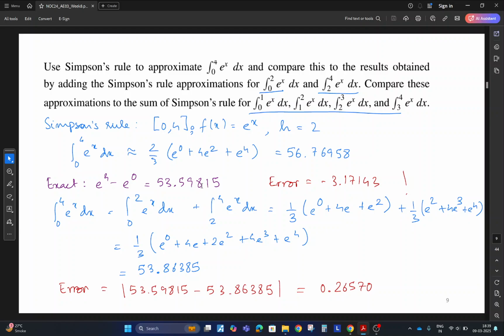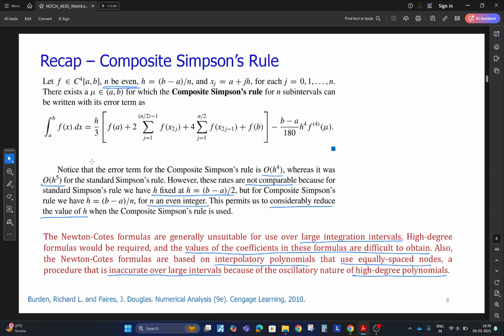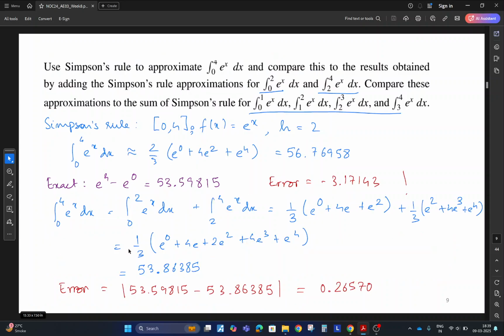We also compared these approximations to the sum of the Simpson's rule for 0 to 1 e power x dx, 1 to 2 e power x dx, 2 to 3 e power x dx, and 3 to 4 e power x dx. The reason behind these exercises, as we just saw, is that the Newton-Cotes formulas are generally unsuitable over large integration intervals. The example of a large integration interval here is 0 to 4 e power x dx.